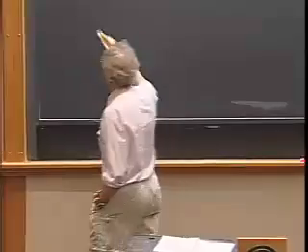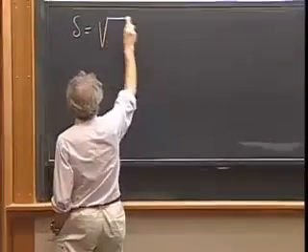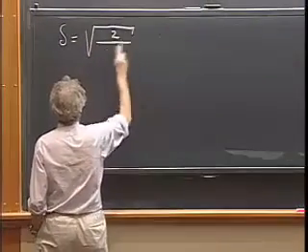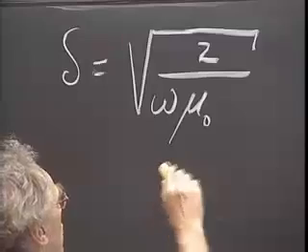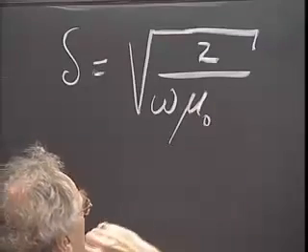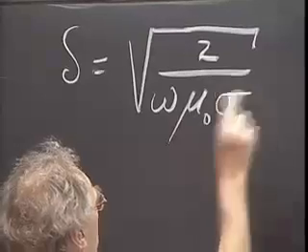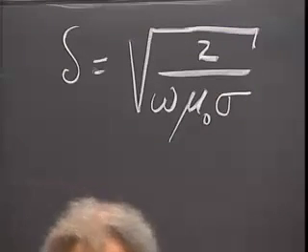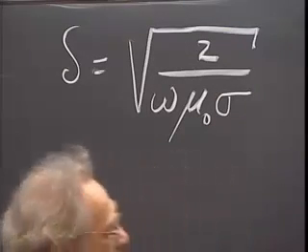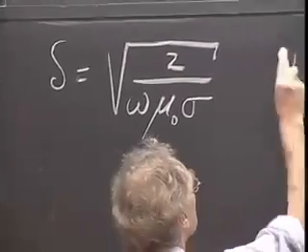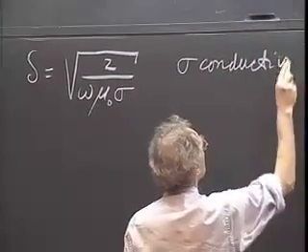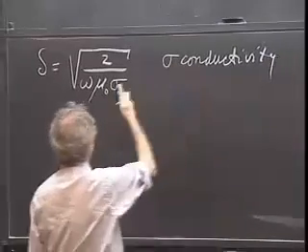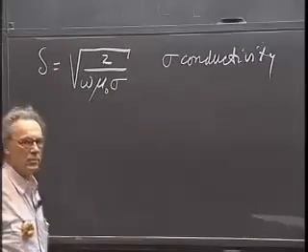And that skin depth, which I will not derive here, is the square root of 2 divided by omega times mu 0 times the conductivity sigma. For an ideal conductor, sigma would be infinitely high, so that the skin depth is 0.